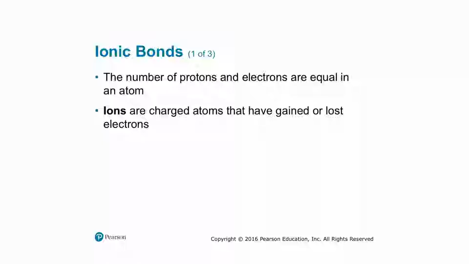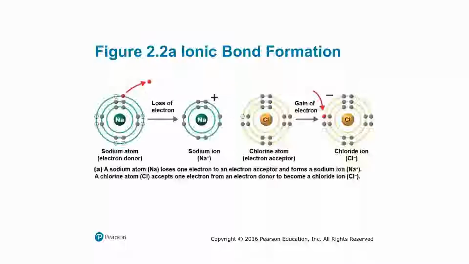Okay. The ionic bonds, these are the number of protons and electrons are equal in an atom in general. Ions are charged because they've either gained or lost an electron. And so here we'll talk about how we form ionic bonds. All right, so sodium has 1 electron in its outer shell. You can see it right here.